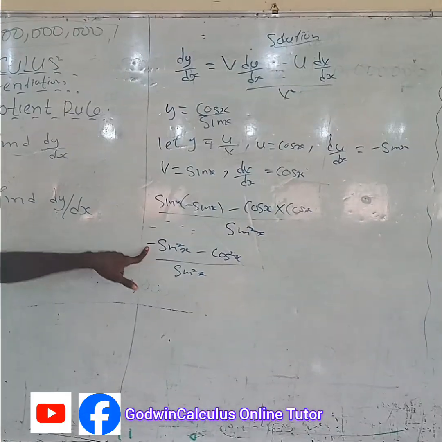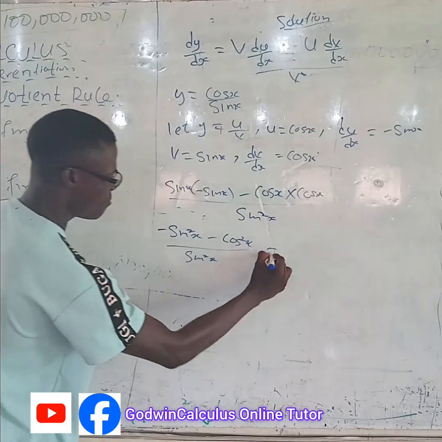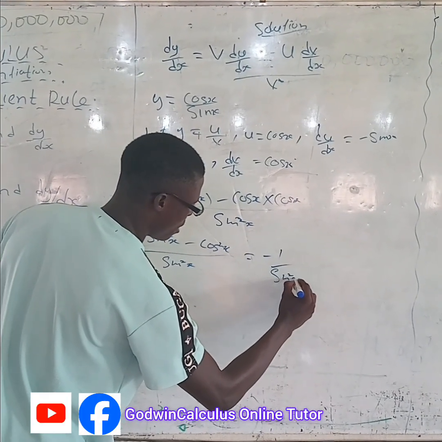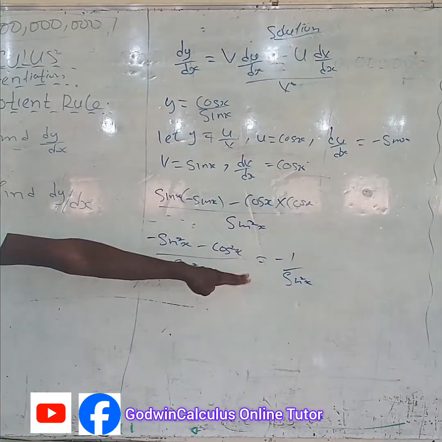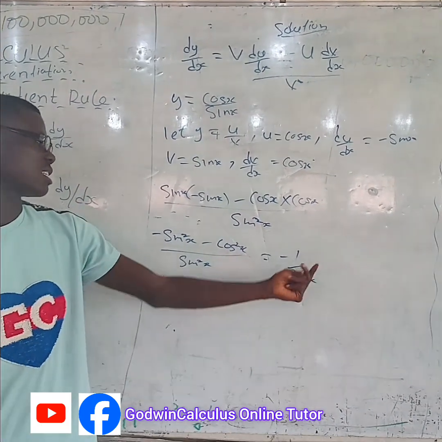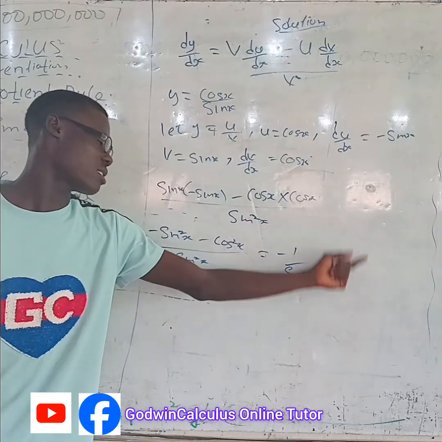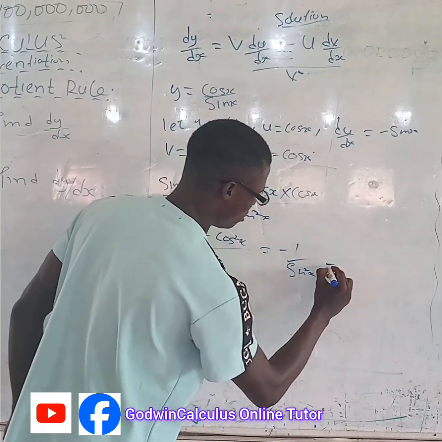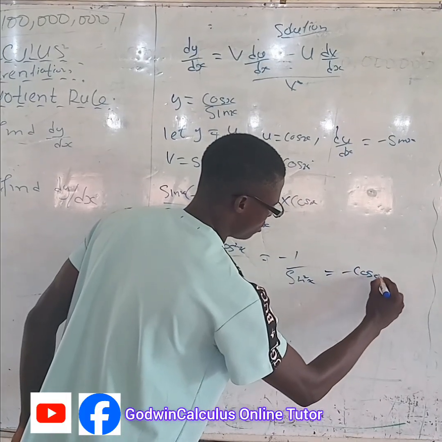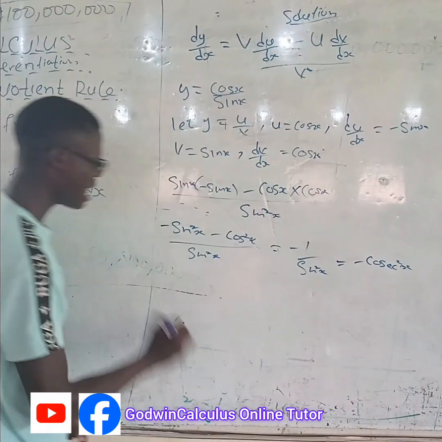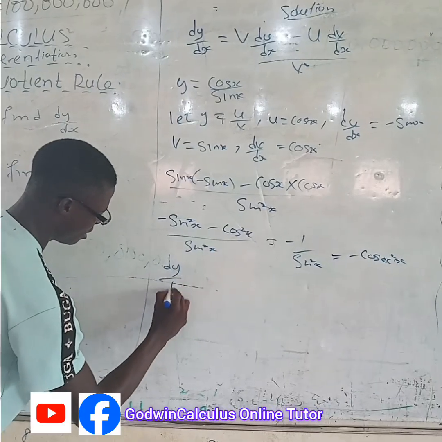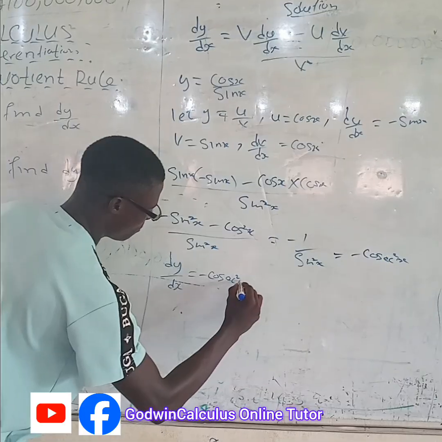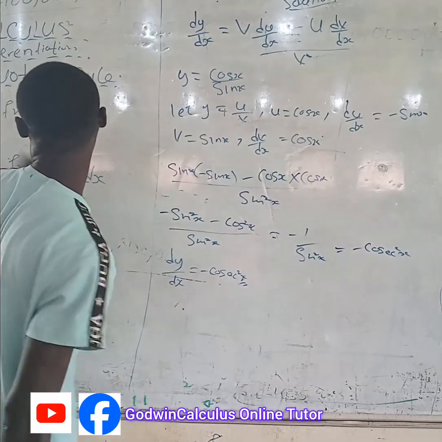Because of this minus, if we factorize it, we have minus 1 all over sin squared x. According to trig identities, 1 all over sin squared x is cosec squared x. Don't forget this minus, so we have minus cosec squared x. Therefore, dy/dx is minus cosec squared x. This is our final answer for number 1.